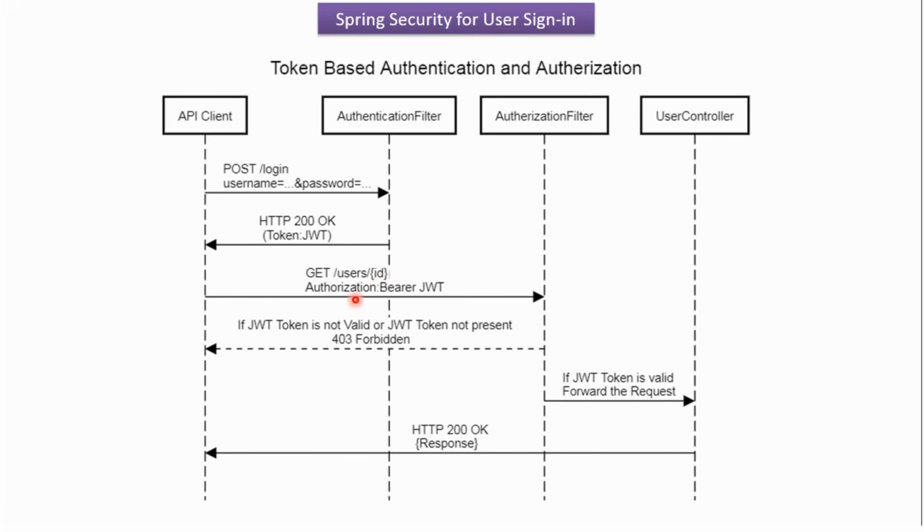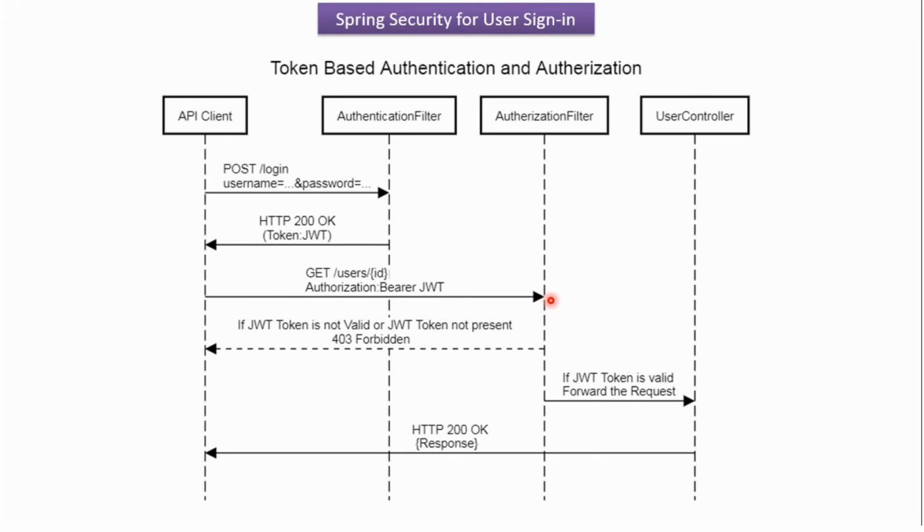And also API client has to send this authorization header with JWT token, and it reaches authorization filter, and authorization filter will check whether JWT token is valid, and if JWT token is valid, then it forwards the request to the user controller, and user controller gets the user information from the database and sends response back to the API client.